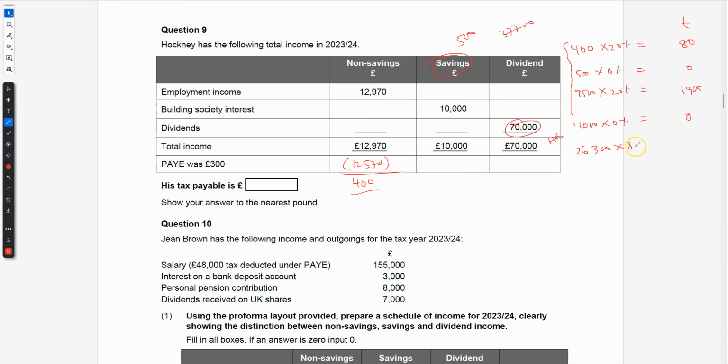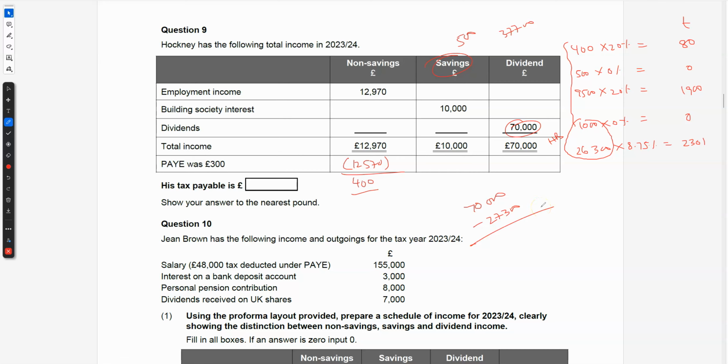That's the basic rate for the dividend, and that will give us 2,301. So from the dividend we have used this amount. The dividend was 70,000, and if we minus 1,000 and 26,300, so this is 27,300.